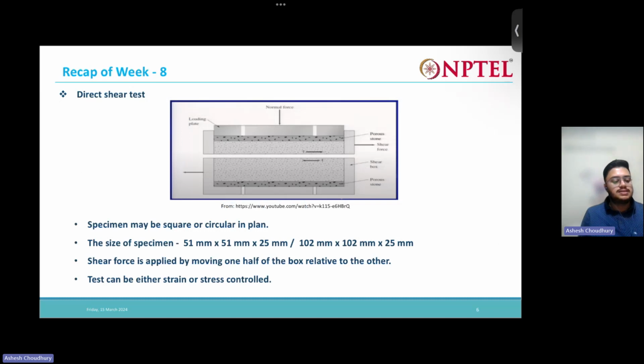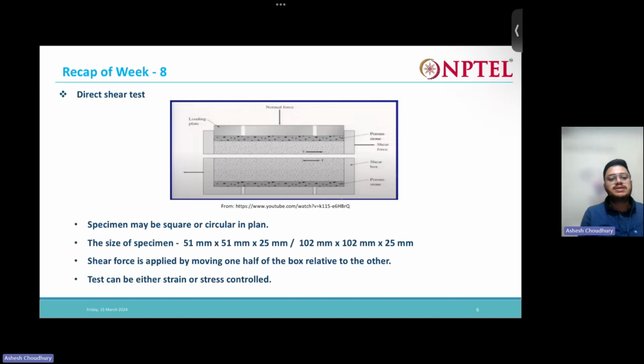So what are the tests that we can do for the determination of c and phi?